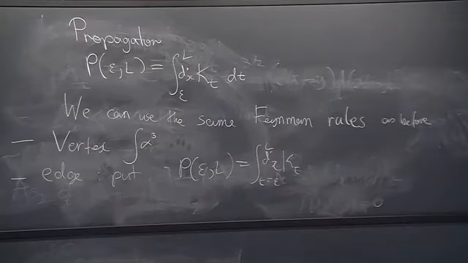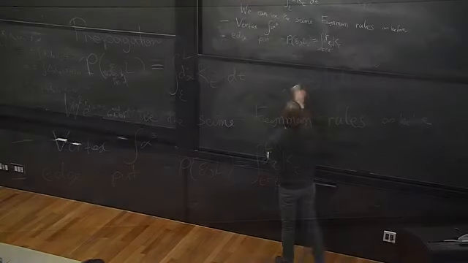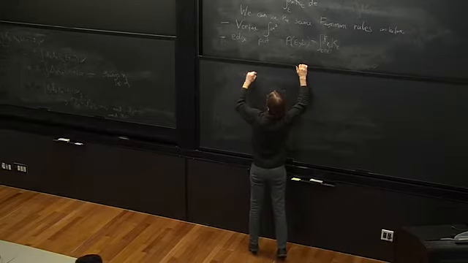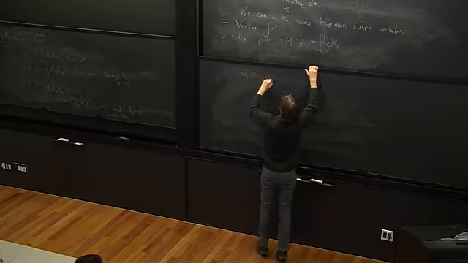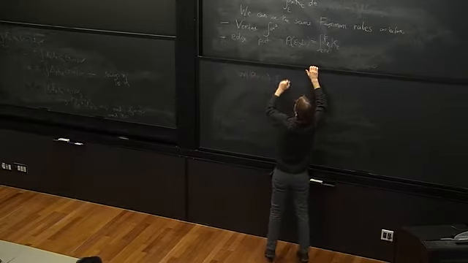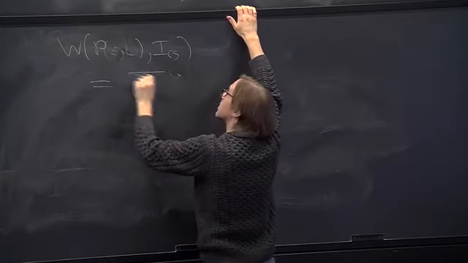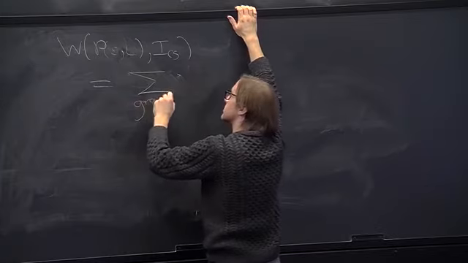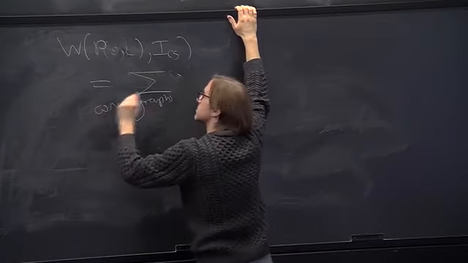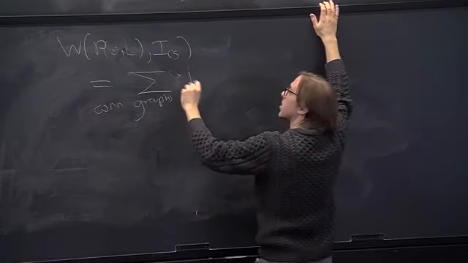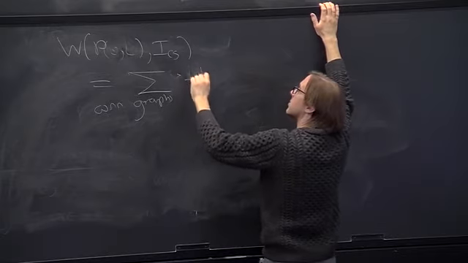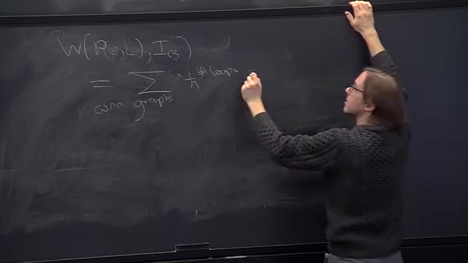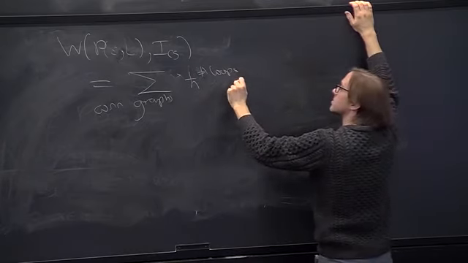And then we can define W P epsilon L to be the sum over connected graphs of h bar to the number of loops times the Feynman amplitude.